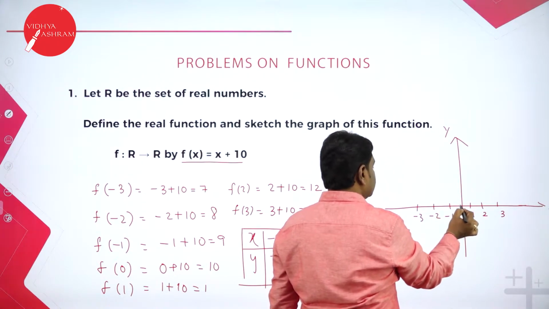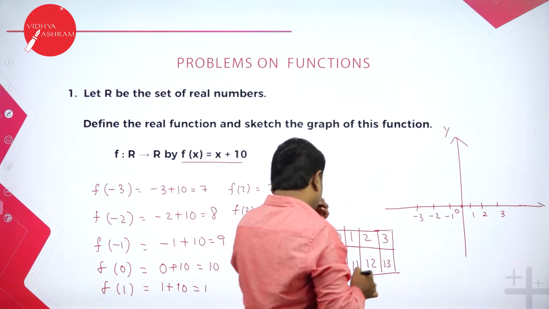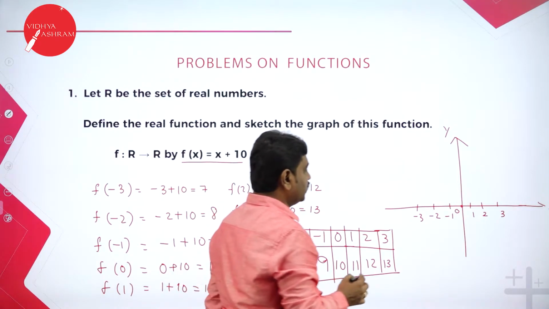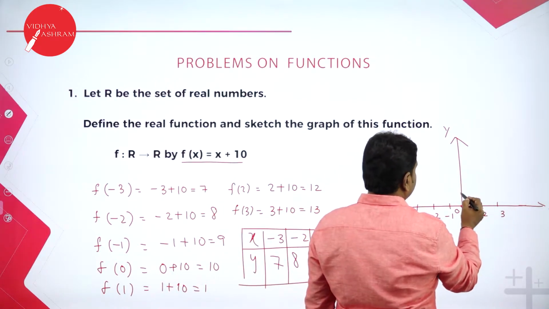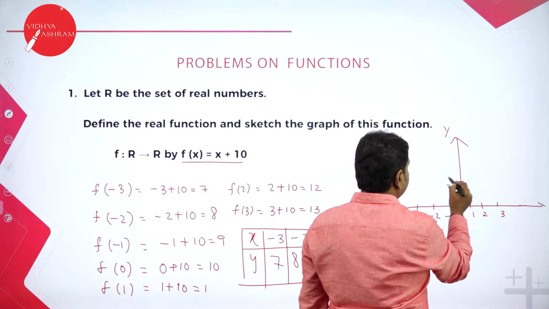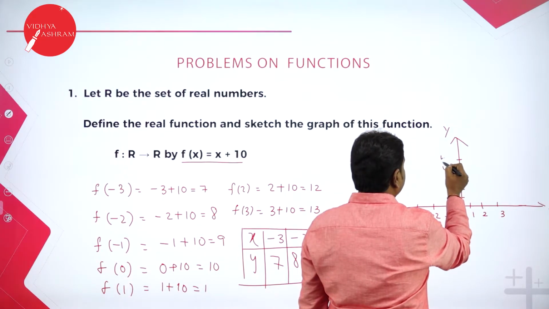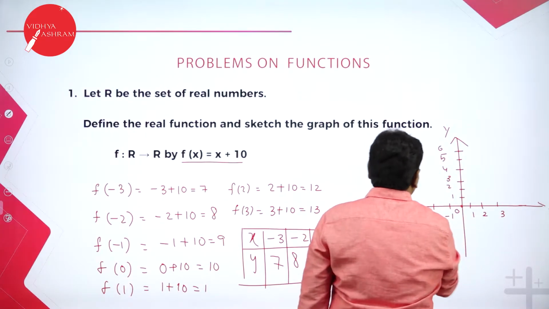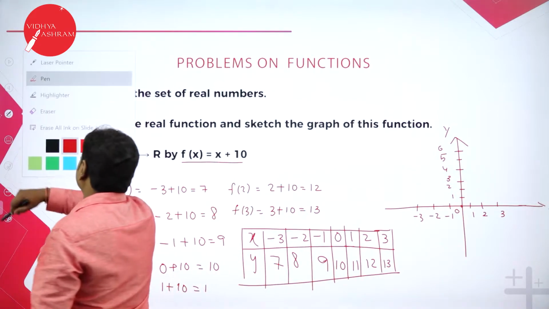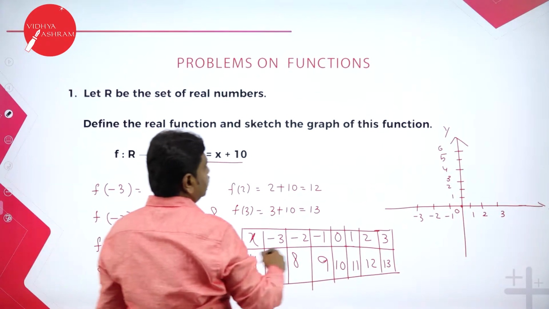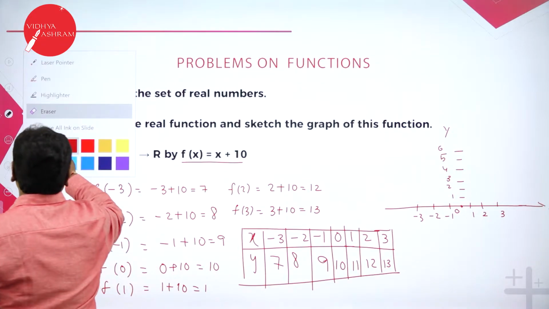This is the value and this is 0, all of you know, origin. Then the positive y values here, 7, 8, 9, 10, 11, 12, 13. So 1, 2, 3, 4, 5, 6, 7. So let us take the y-axis bigger than this. So that is the y-axis.